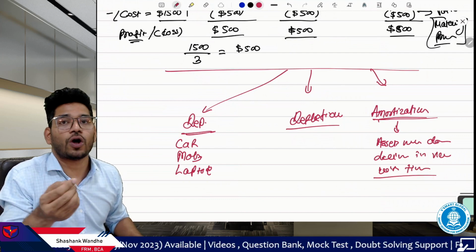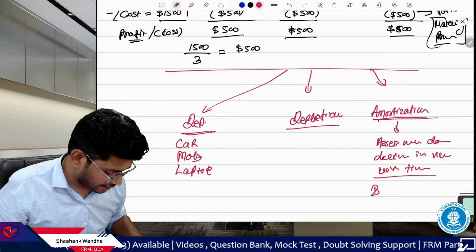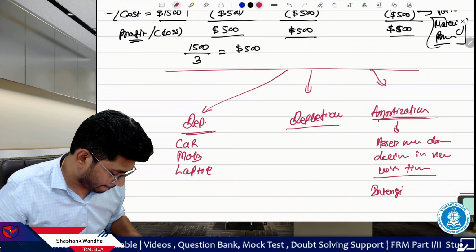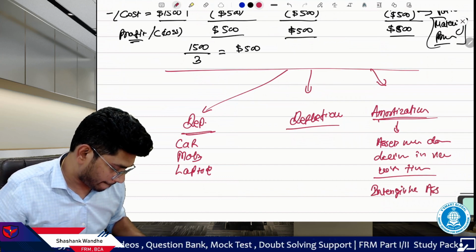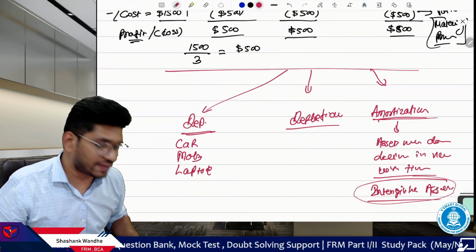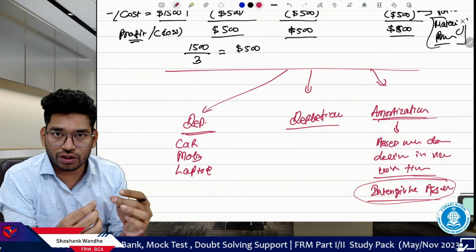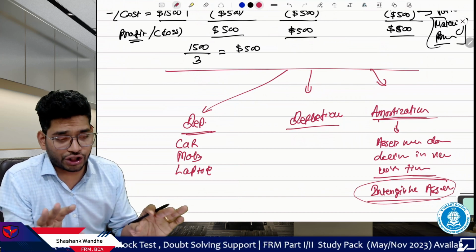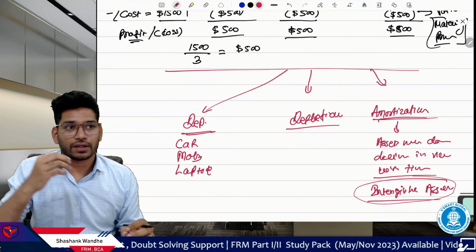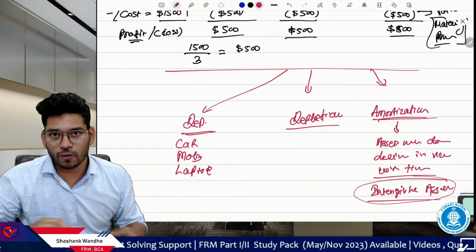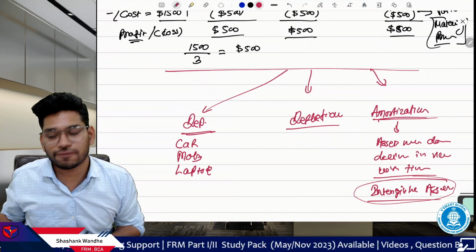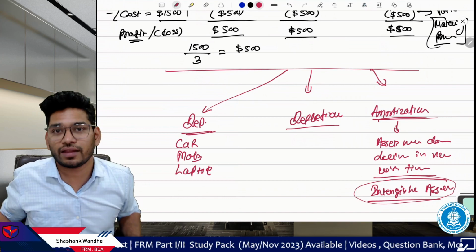And amortization is also used for intangible assets. Intangible assets means the assets which you cannot touch. That's the simplest definition. For example, know-how: say I have one particular recipe of how to make the best biryani in the world.